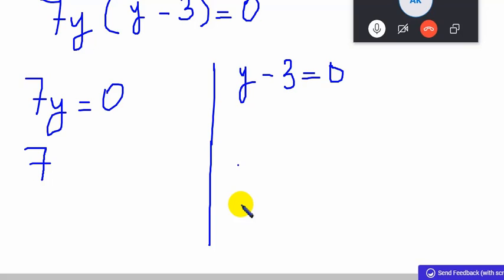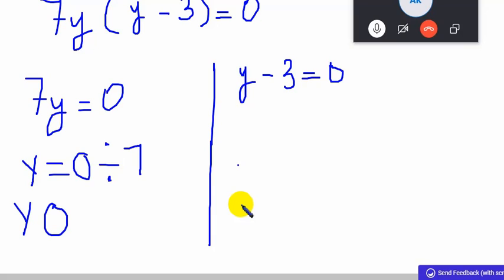So y equals 0 divided by 7, and you know that 0 divided by anything is 0, so y equals 0. Okay, now the other side.